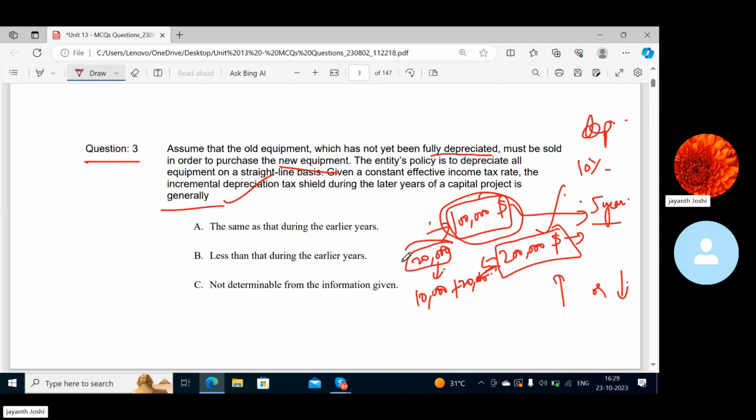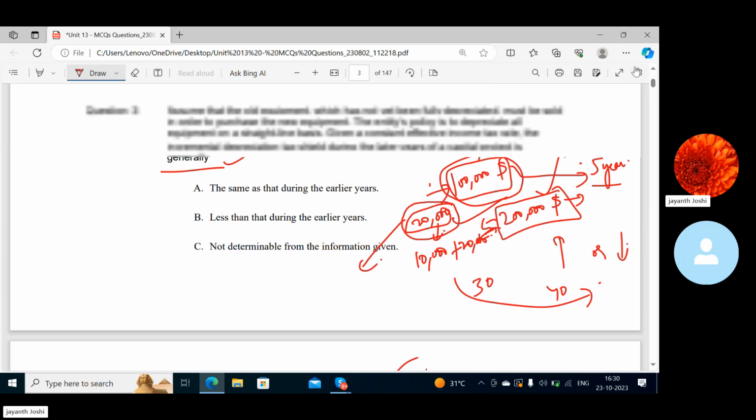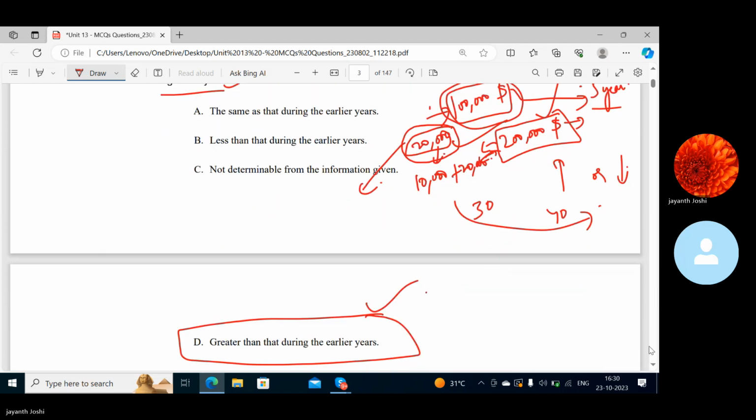Previously the depreciation shield you were taking only on 20, right? Now you'll be taking on 30 and later on 40. So it will be greater, right? That's what I'm saying. It will be greater than that during the earlier years.